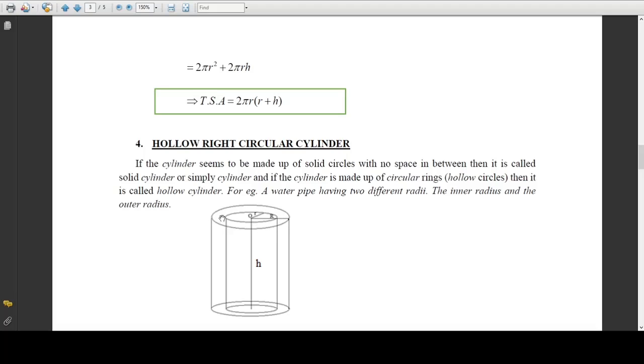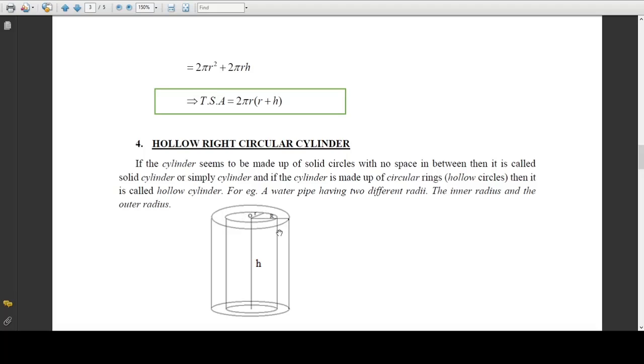the area of this ring, just consider this top portion, area of this ring will be how much? Area of the bigger circle minus area of the smaller circle.